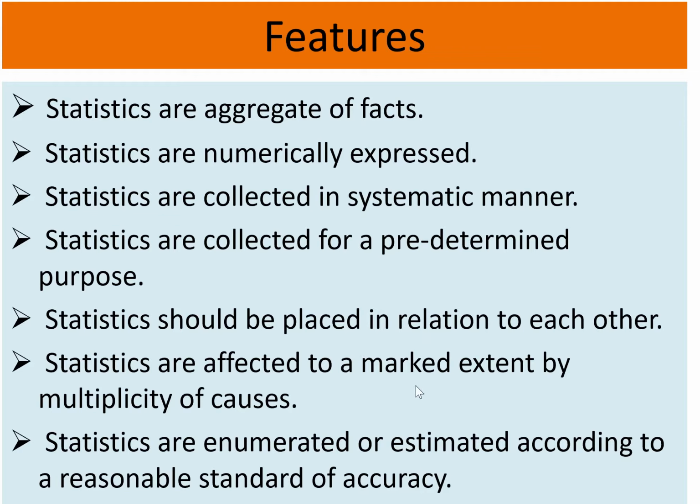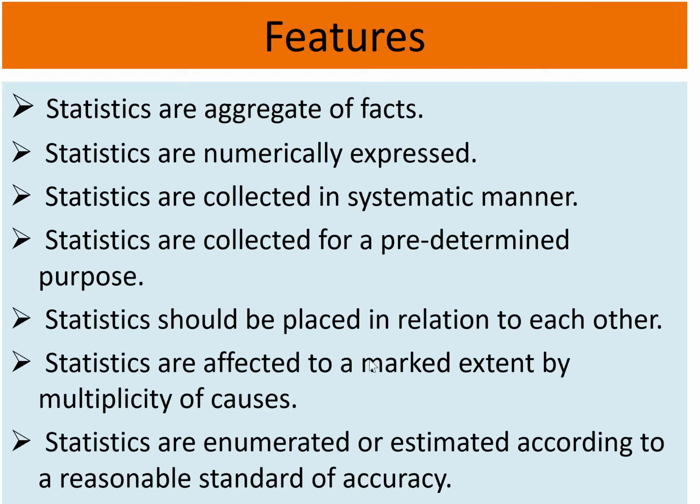Next, statistics are affected to a marked extent by multiplicity of causes. Generally speaking, statistical data are affected to a considerable extent by a number of causes. For instance, they are talking about the market here. Prices are affected by conditions of supply.